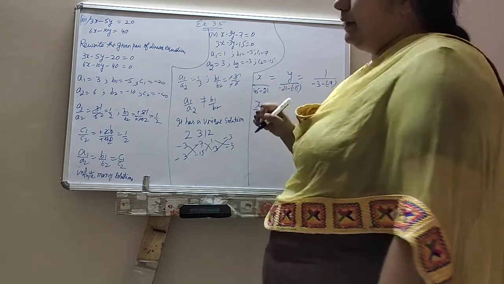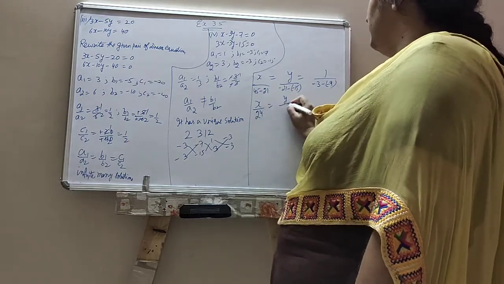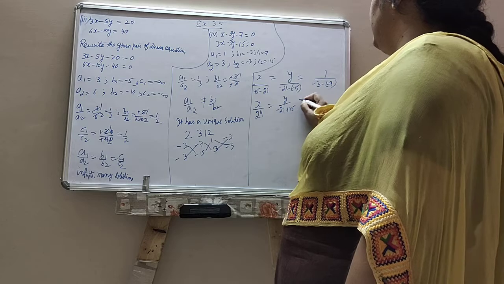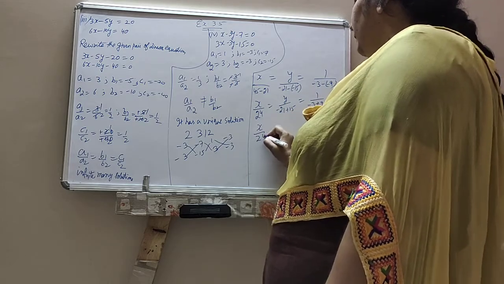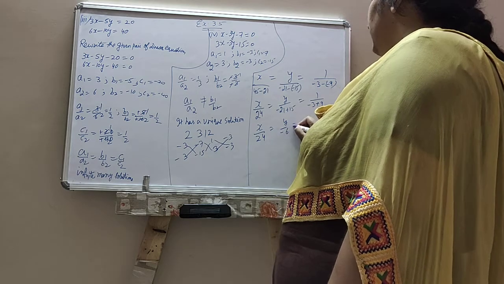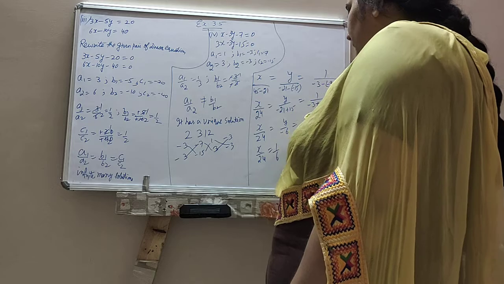X by 45 minus 21, 24 minus 21 plus 15 minus 3 plus 9. X by 24 minus 6, 1/6.